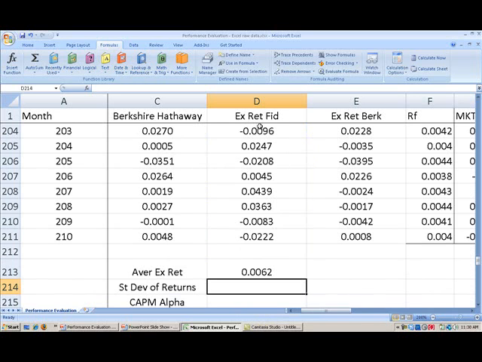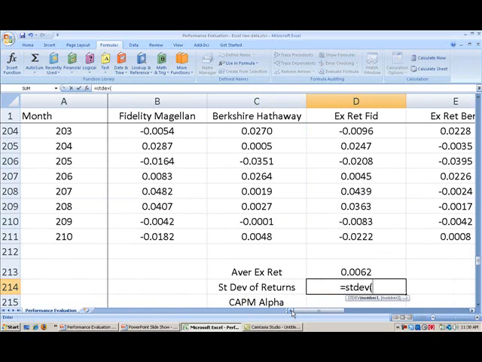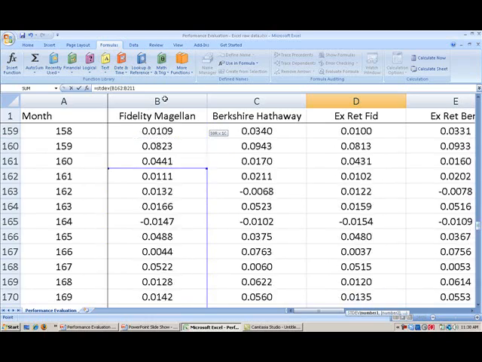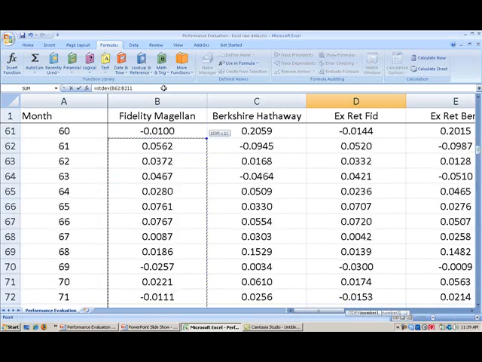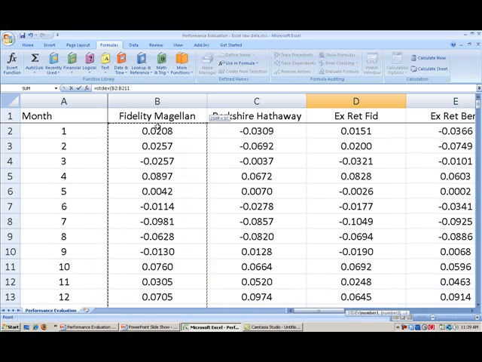The standard deviation of returns is going to be equal to standard dev, open brackets, and now we have to select Fidelity's raw returns and calculate the standard deviation. In practice, there's going to be little difference between calculating the standard deviation of raw returns and excess returns, but formally we should be looking at raw returns when we're calculating standard deviation.